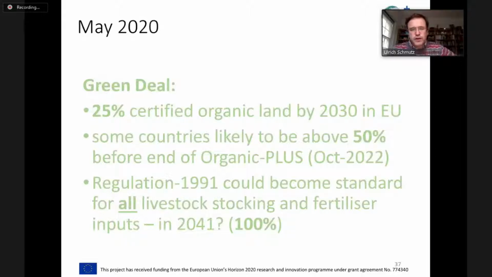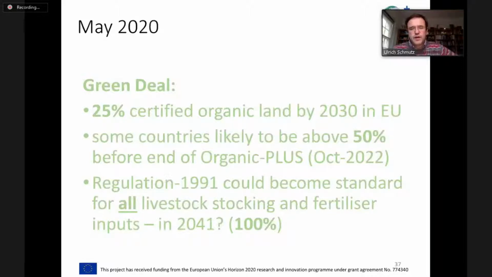And going forward, in whatever, 2041, the EU regulation on organic farming could become one day the standard for all livestock stocking, at least. And that's not organic farming for everyone, but this is almost a vision. I can see that the major problem we have in Europe is the intensive livestock farming in conventional farming.